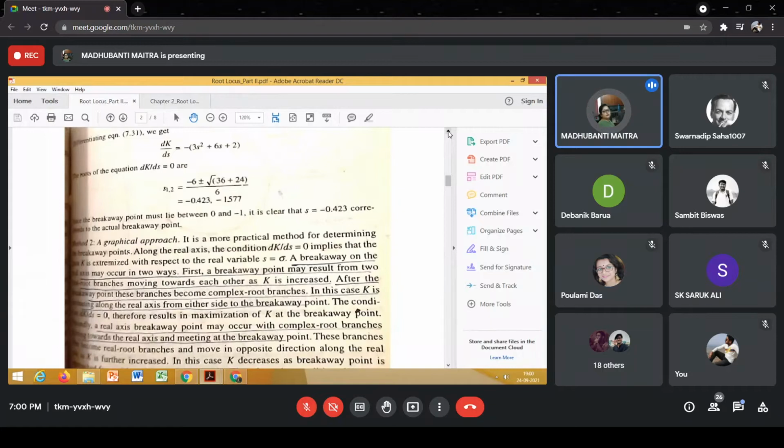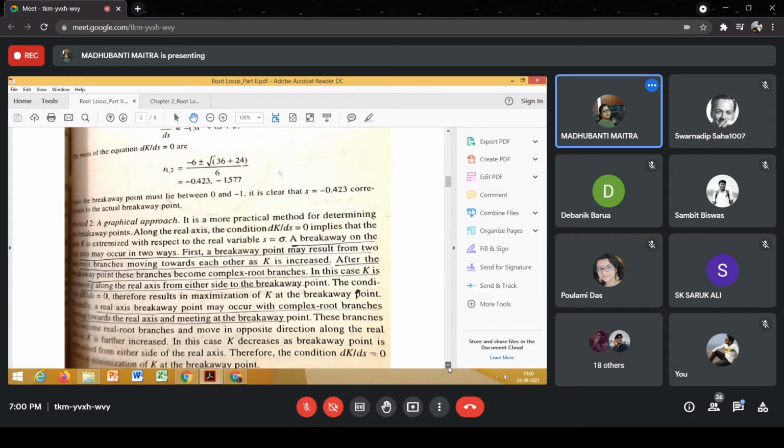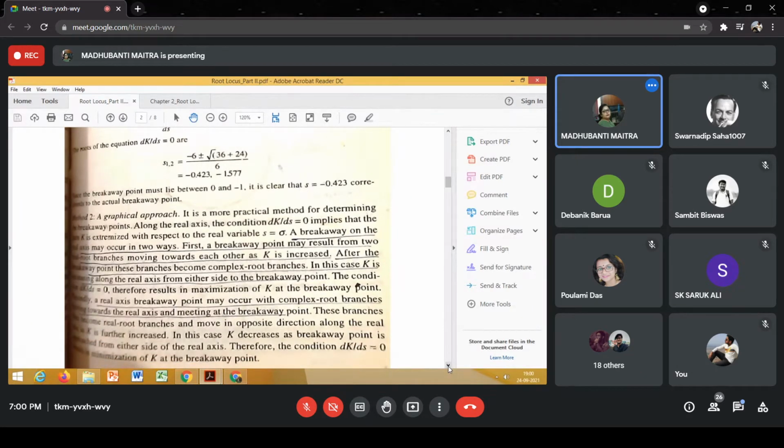So on the real axis, this equation reduces to dK/d sigma equal to 0. So far, is this clear? Yes, ma'am.